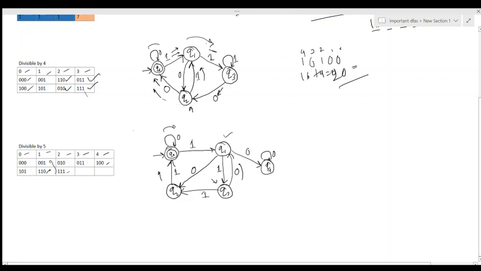Then for remainder 2, start with Q0, taking 0, then 1 goes to Q1, then takes a 0, goes back to Q0. So 0 1 0 is completed. Now triple 1: first 1, then goes back in this direction, and then Q3 to Q0.